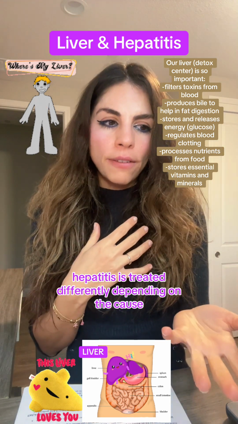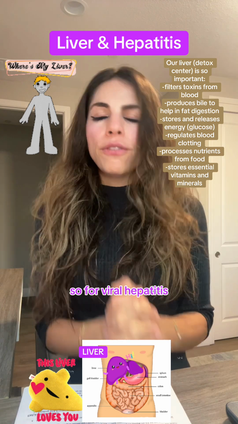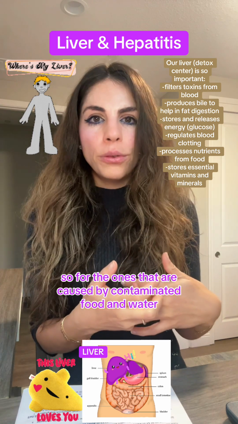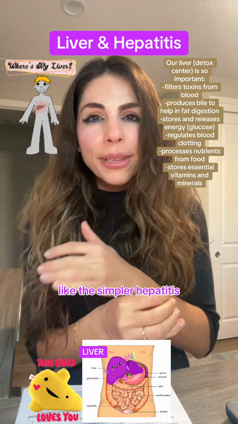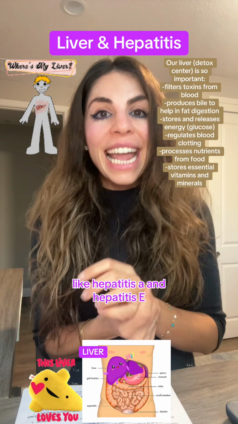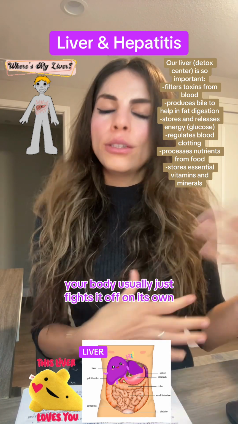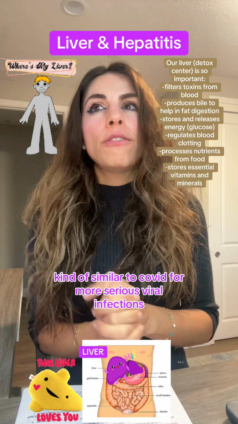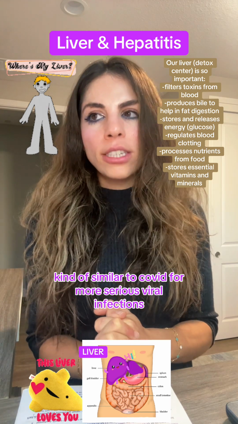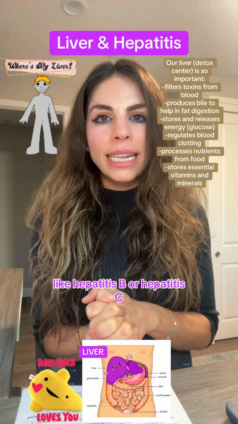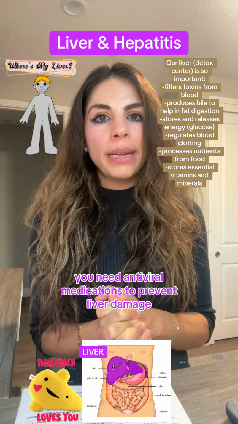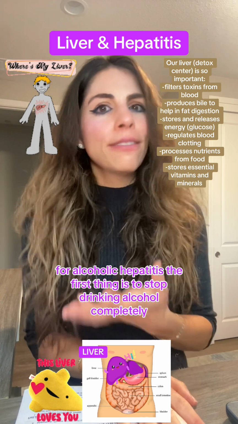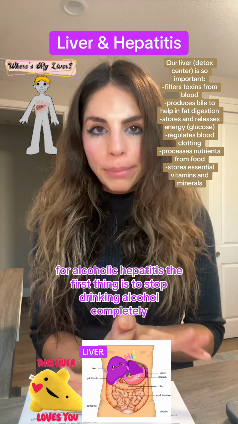Hepatitis is treated differently depending on the cause. For viral hepatitis, the ones caused by contaminated food and water are, I would say, the simpler hepatitis, like hepatitis A and hepatitis E. Your body usually just fights it off on its own, kind of similar to COVID. For more serious viral infections like hepatitis B or hepatitis C, you need antiviral medications to prevent liver damage. For alcoholic hepatitis, the first thing is to stop drinking alcohol completely.